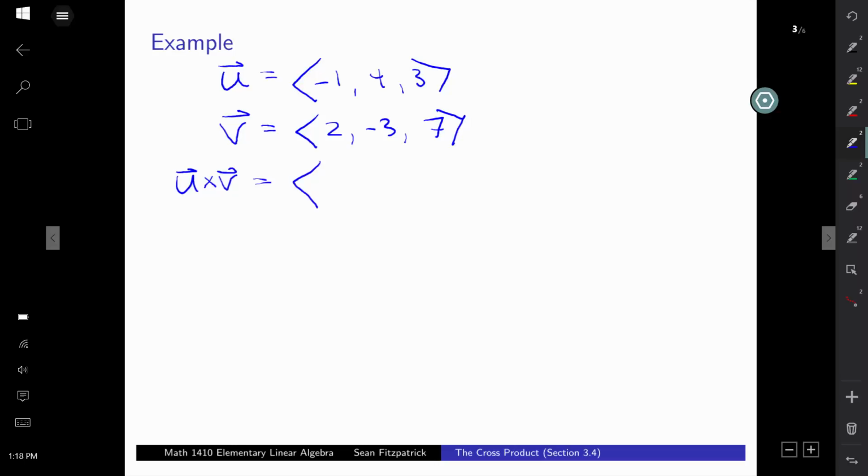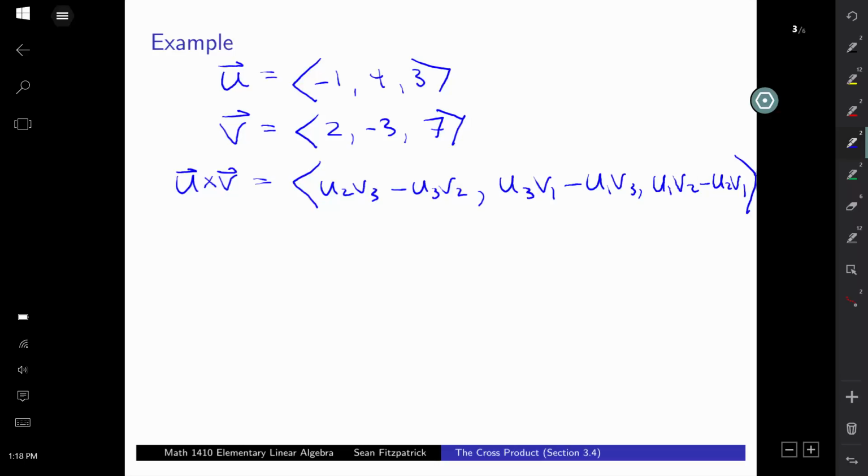We have this formula for u2 v3 minus u3 v2 in the first entry. Then u3 v1 minus u1 v3 in the second spot. Then u1 v2 minus u2 v1 in the third spot.